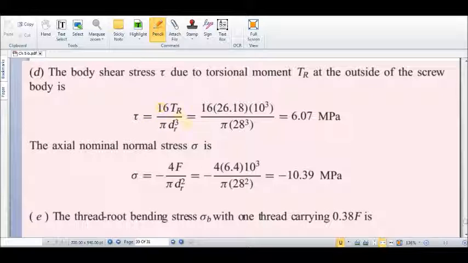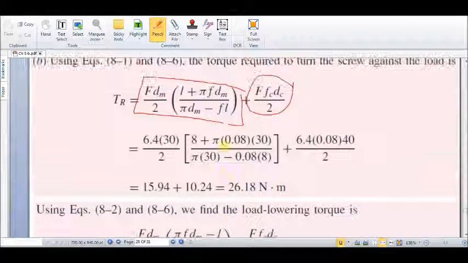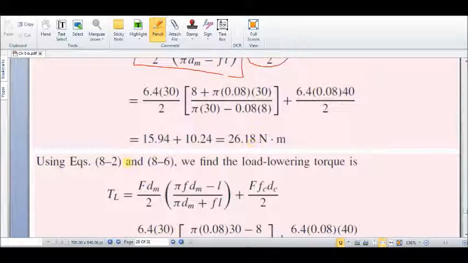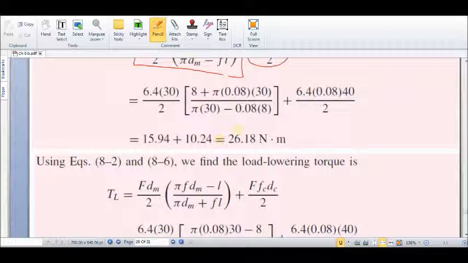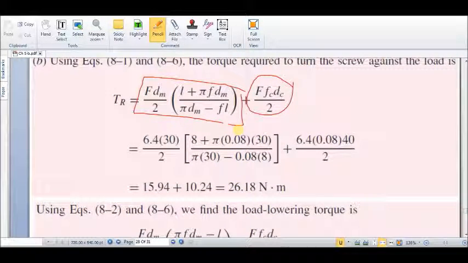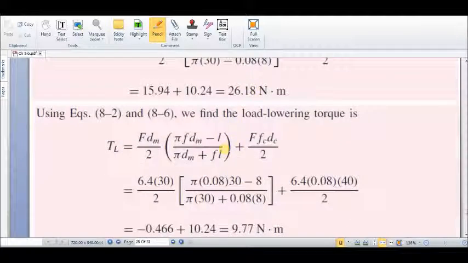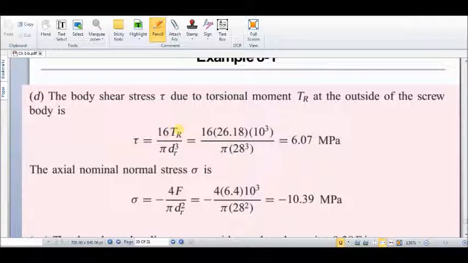To find this maximum torsional shear stress, we have to use the maximum torque, the torque that we use to raise the load. Because when you compare the torque of raising and lowering the load, you can see that we need maximum torque for raising. It's very logical, right? So I have to substitute this torque into the equation, and also I have to substitute dr. Why? Because we are going to find it at the body of the screw, and therefore you have to use the minor diameter, not the mean diameter, not the major diameter.